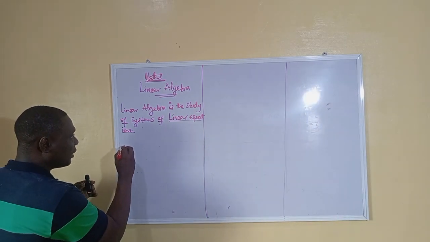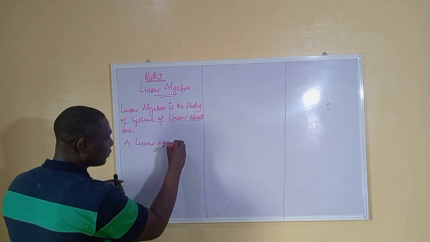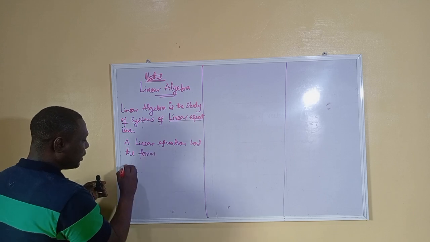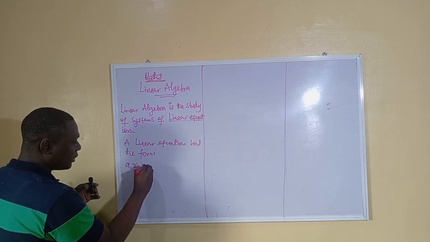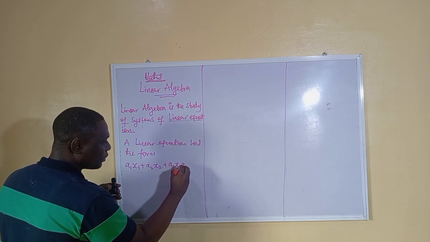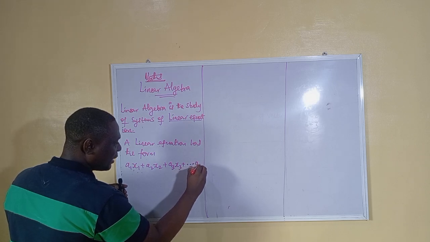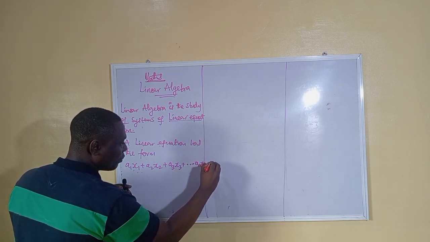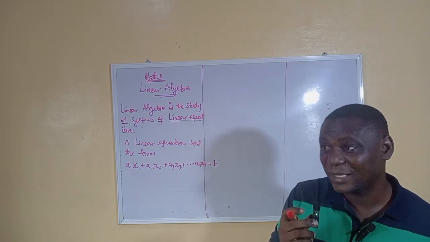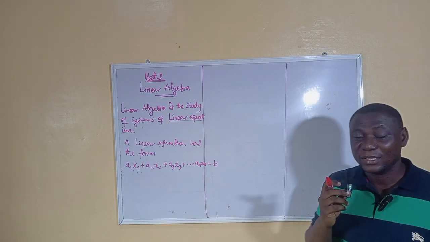A linear equation has the form a1 x1 plus a2 x2 plus a3 x3 plus dot dot dot an xn equal to b, like the quadratic, where you have ax squared plus bx plus c equals 0.